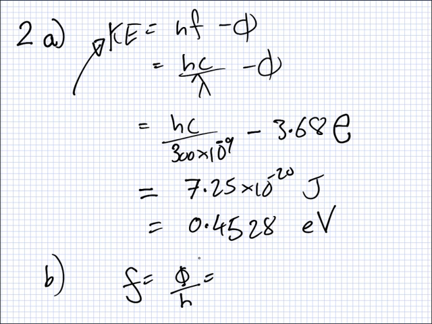So what did we say the work function was? 3.68 eV over, what number is h, Chow? 6.63, thank you. So this is 8.898 times 10 to the 14 hertz. It's the minimum frequency possible.